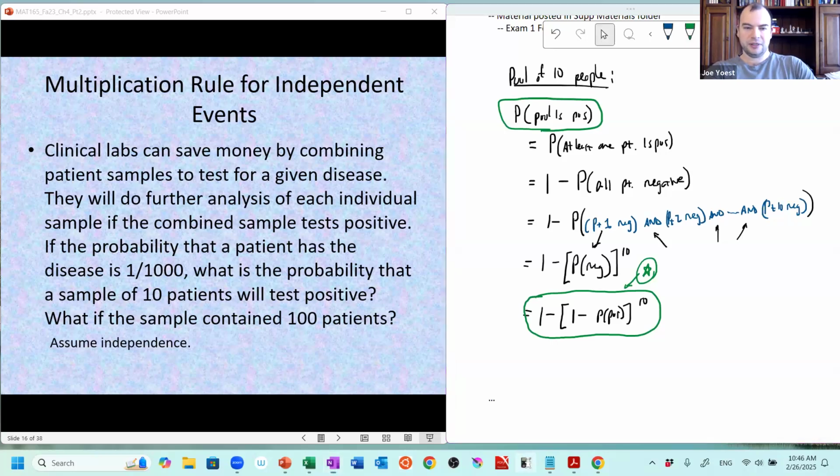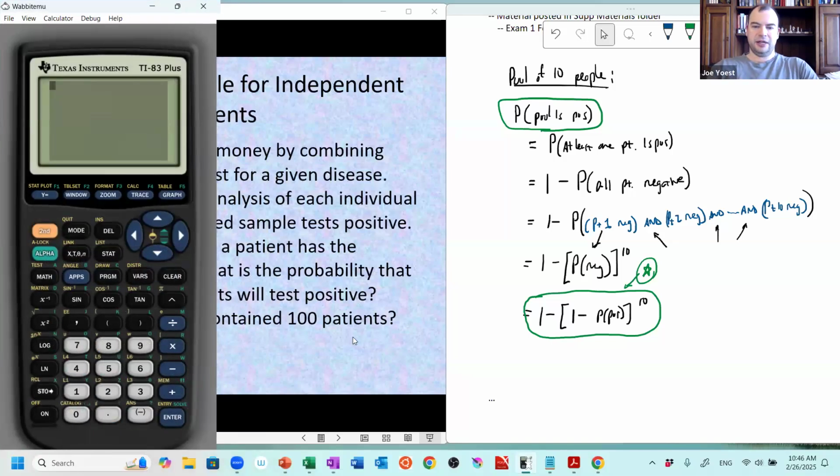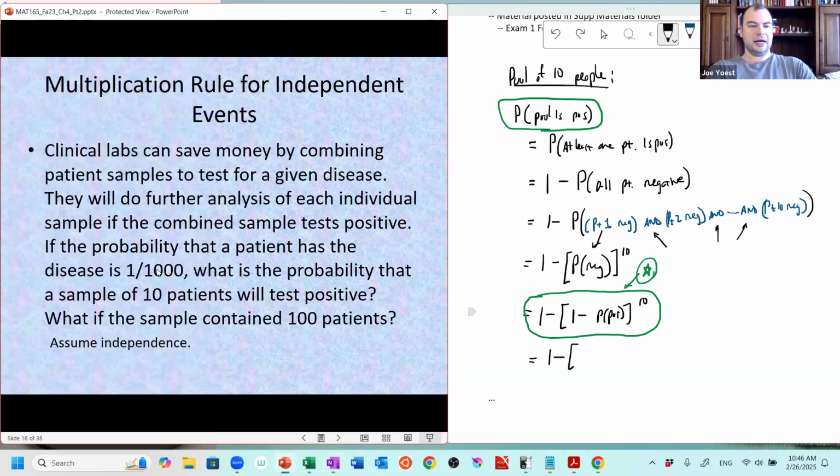Now, if we go over to the calculator and plug in some numbers, what's 1 minus the probability of positive? The probability of positive was 1 in 1,000.